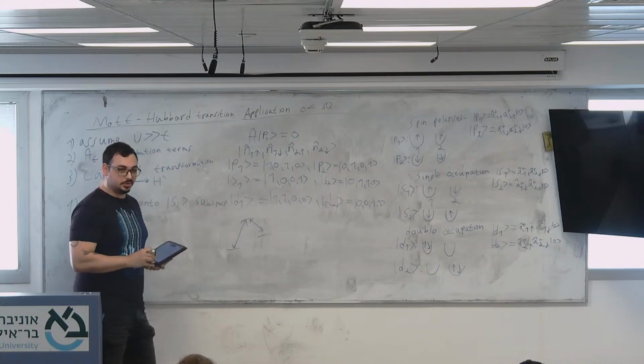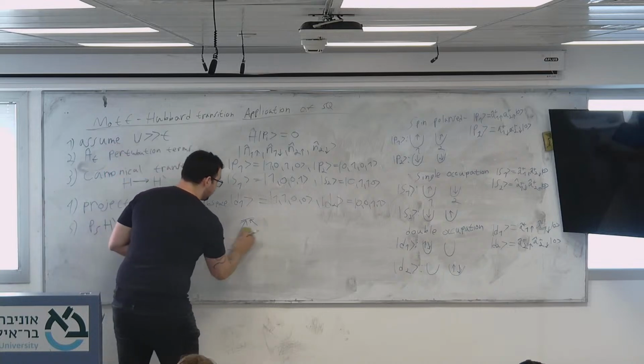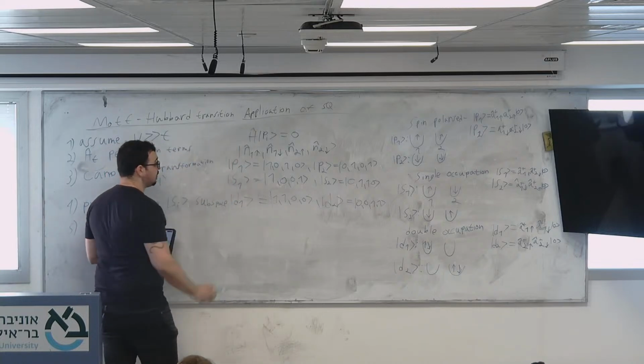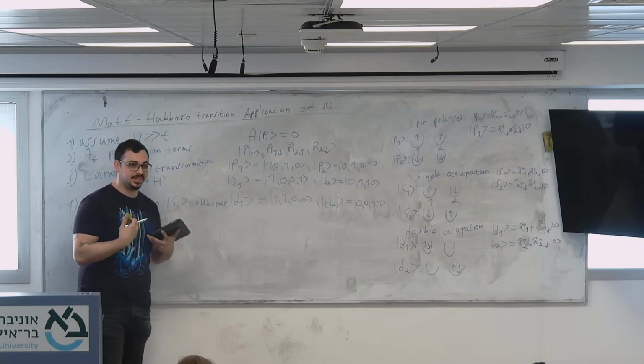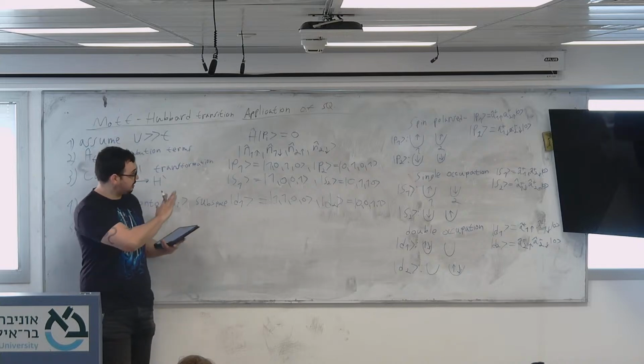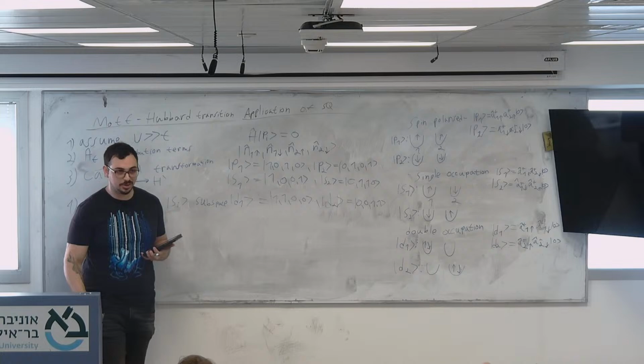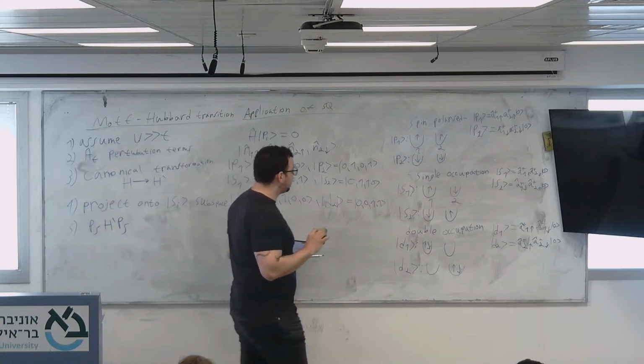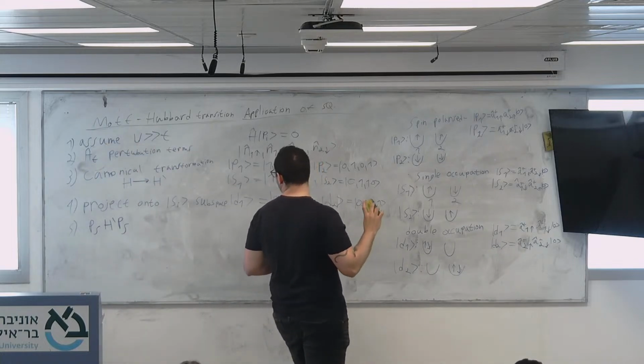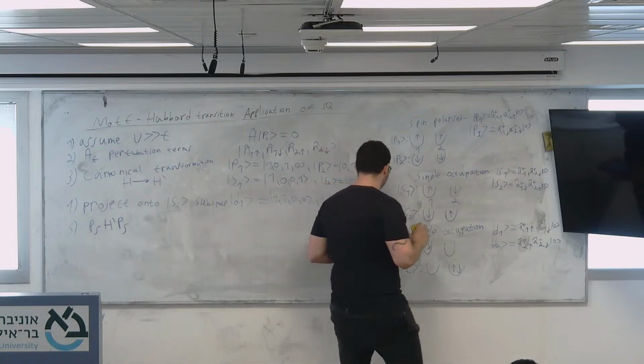We'll see it in a different course, maybe, if you take it. But it's a very cool interaction, and this state is very interesting, just not for me right now.